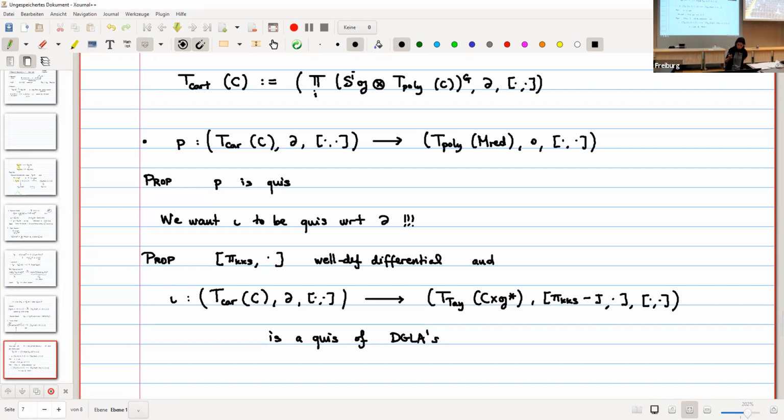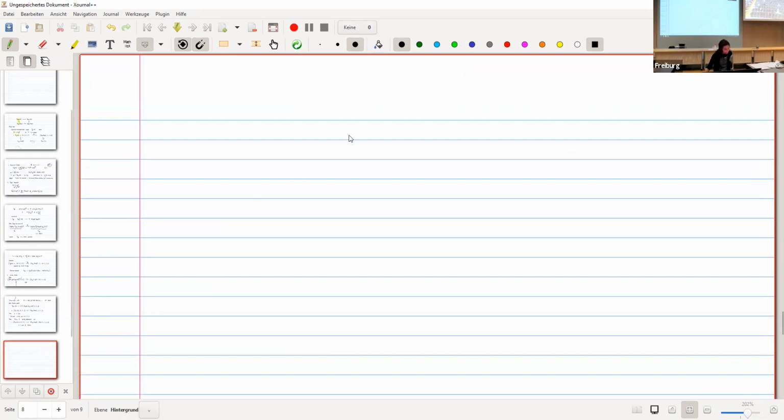Okay, conclusion, almost conclusion. Theorem. There exists an L-infinity quasi-isomorphism which works this way. So you have your Taylor expansion. Be careful now with this differential.